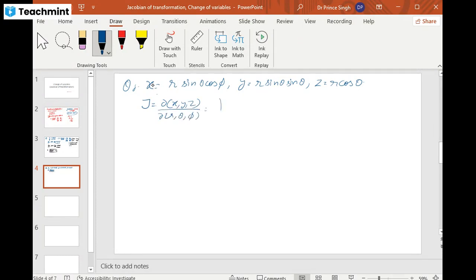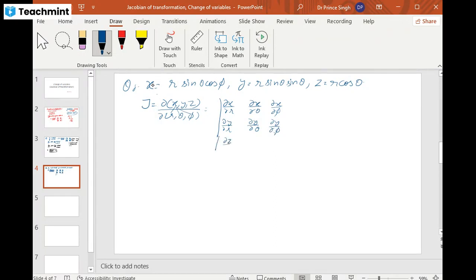This is equal to the determinant with first row: partial x upon partial r, partial x upon partial theta, partial x upon partial phi. Similarly, the second row: y with respect to r, y with respect to theta, y with respect to phi.